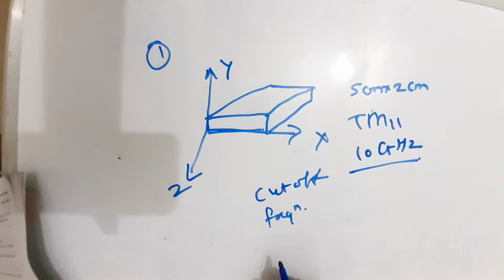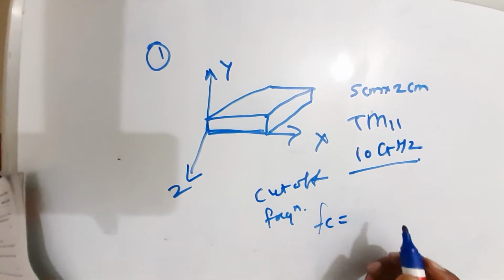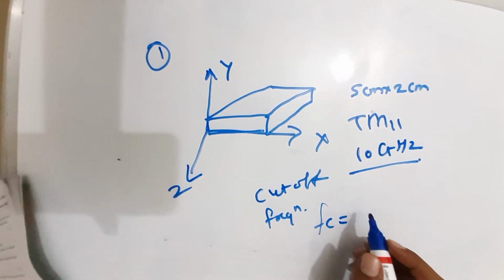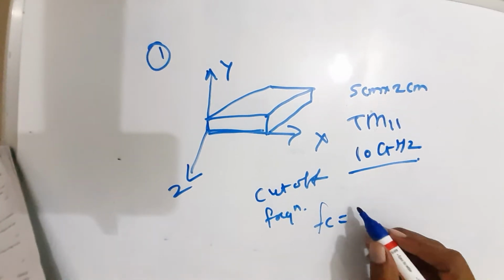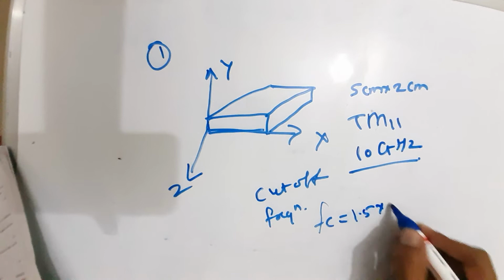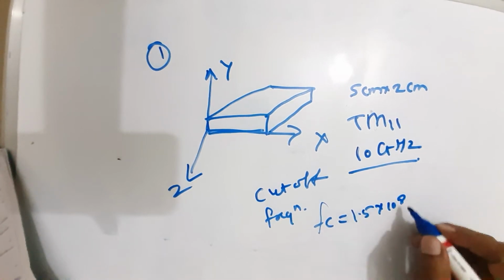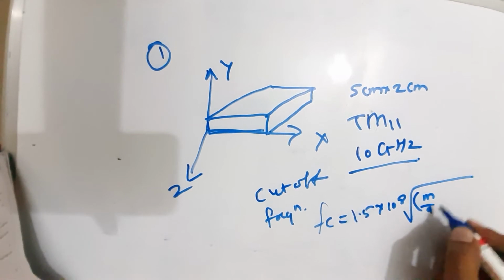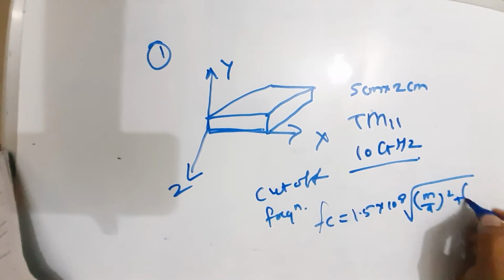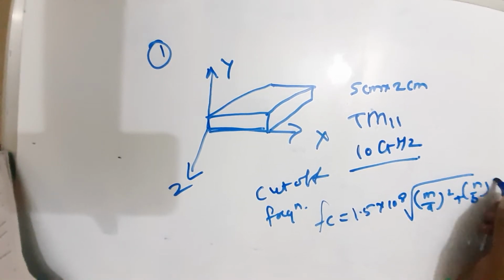Fc equals, the formula is, 1.5 into 10 raised to 8 under root of (m by a) square plus (n by b) square.